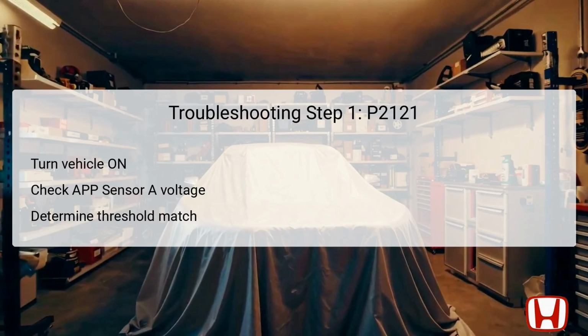Begin troubleshooting DTC P2121 by turning the vehicle to the on mode and utilizing the Honda Diagnostic System, HDS, to check the voltage of APP sensor A. According to specifications, the expected voltage should be 0.69 volts or lower.